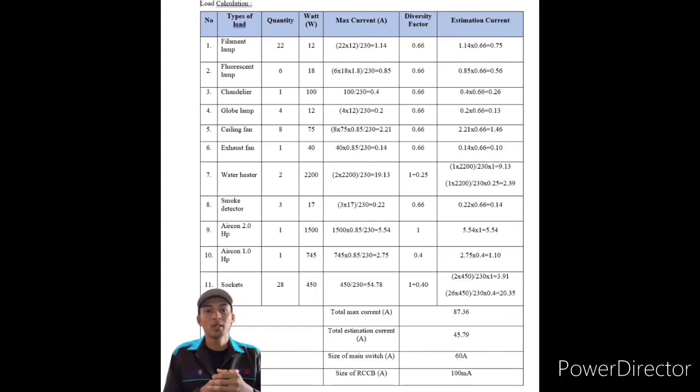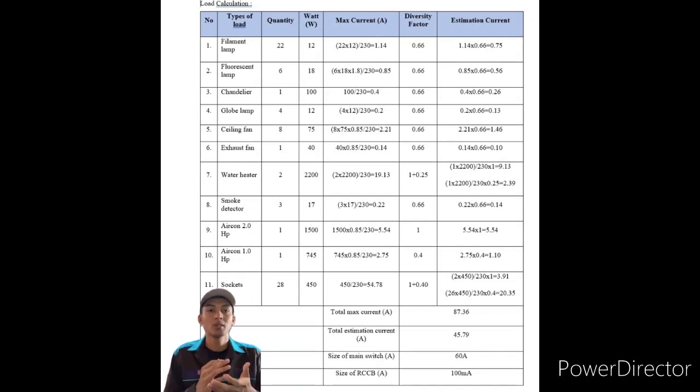And on item number 7 we have the water heater. We have 2 water heaters in the house for 2 bathrooms. Both of them are averaging at 2200 watt and the max current is 19.30 ampere, referencing the diversity factor source from TMB.